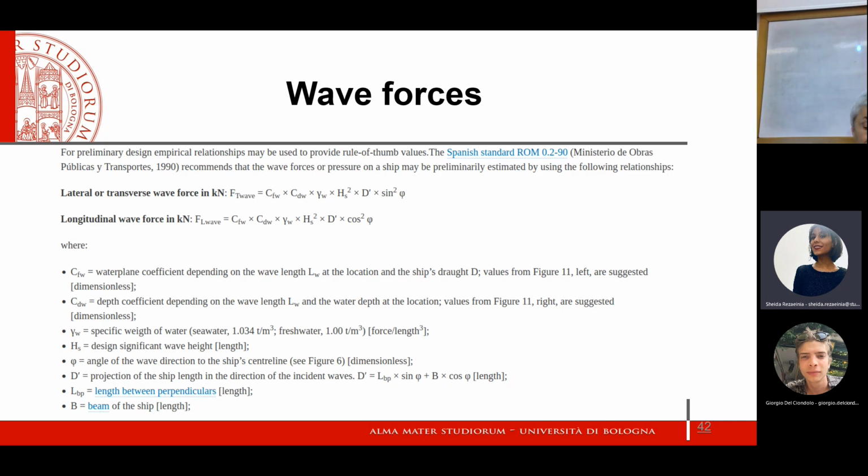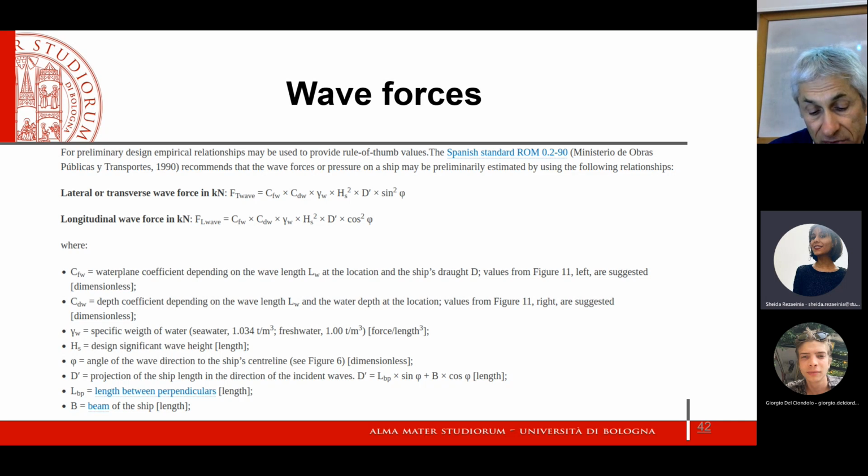Here we need a similar term, because the forcing must be proportional to the energy of the wave. And in fact, we have here the wave height squared, which, as you may remember, is proportional to wave energy. So basically, this is the energy component that we find here: the square of the wave height.